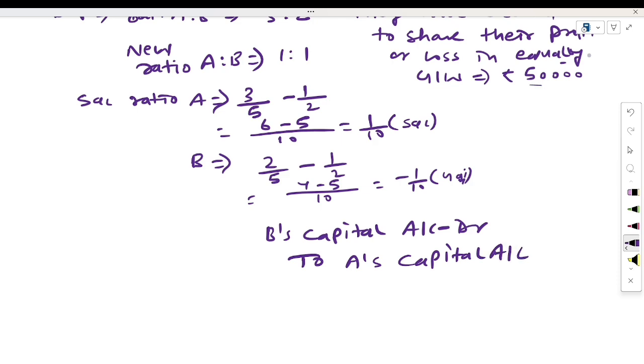How much is the amount of goodwill here? The amount of goodwill is 50,000. Of that, 1/10 is his gaining ratio. So the amount will be 5,000.